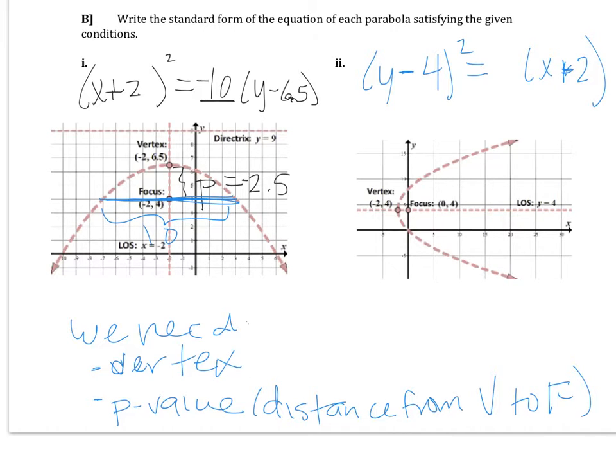Okay, so determine that 4p value. We could look at the focal chord here, but it's hard to tell because it looks like we're going by 5s here. It's really hard to read on this graph.